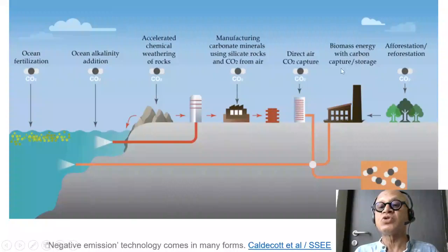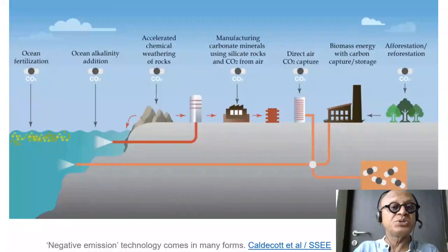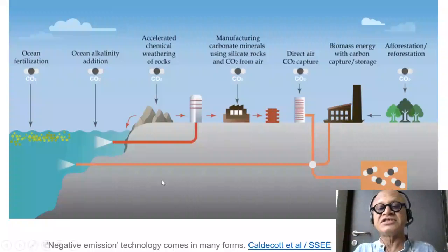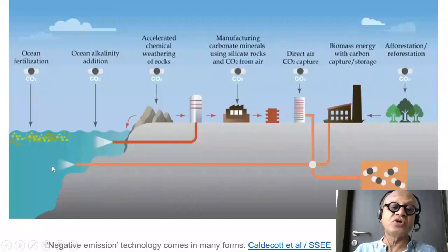Biomass energy with carbon capture and storage, so that's taking photosynthesis, which is taking out CO2, using it as bioenergy and not letting the CO2 back but sequestering it. You can see that they all seem to want to dump it into the ocean. Experiments have been made to dump liquefied CO2 into the ocean by places like the Monterey Bay Aquarium Research Institute.